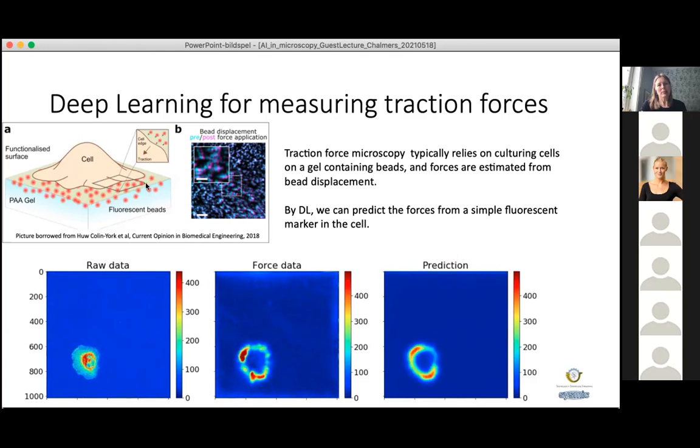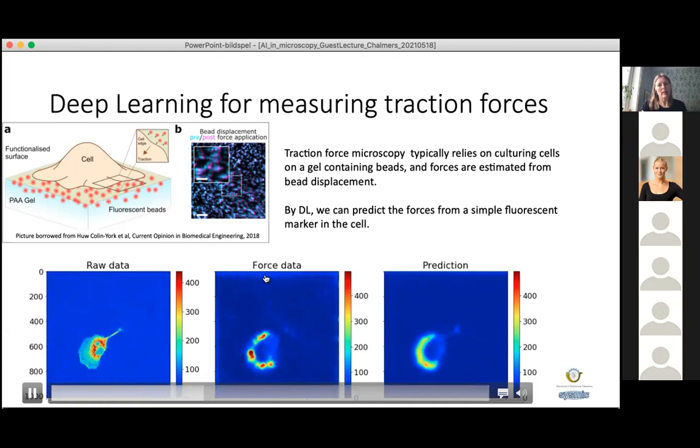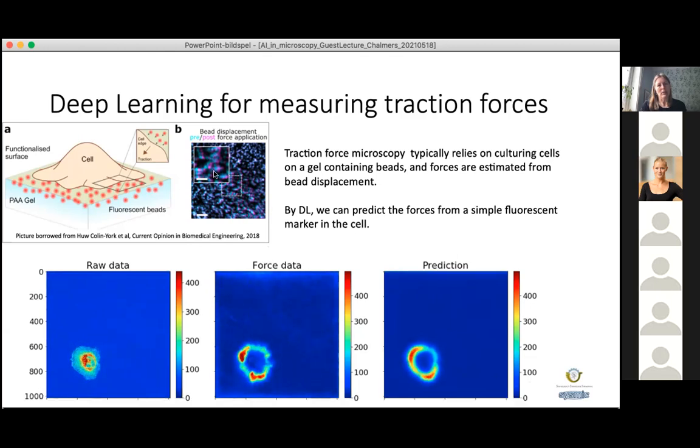The classical approach to study these traction forces is to grow the cells on a surface where you have lots of little fluorescent beads. As the cell is pushing and pulling, you can see how the beads move, and from the bead motion, you can analyze the traction of the cell. But we had access to this force data, and also an image of only the cell by itself without the force data. The force data was calculated from these beads.